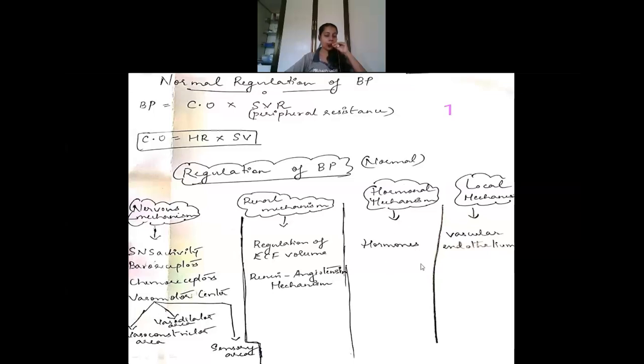Hormones, there are a lot of hormones which influence the blood pressure. And then the local mechanism, under that we have the vascular endothelium. You know the endothelium, isn't it? Endothelium is a layer that is lining the blood vessel. So that also has a regulation of the blood pressure, and that also we'll see, what and how.